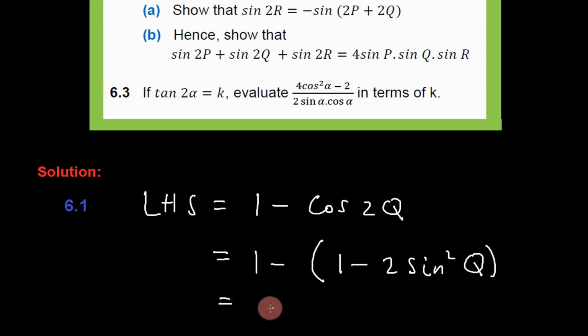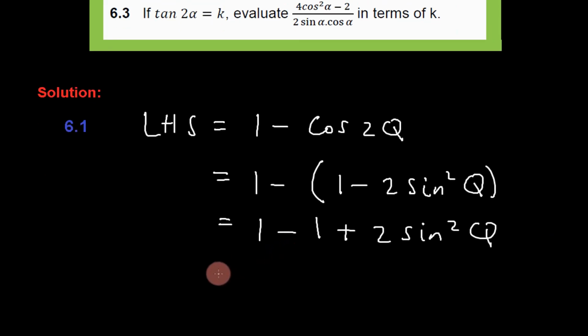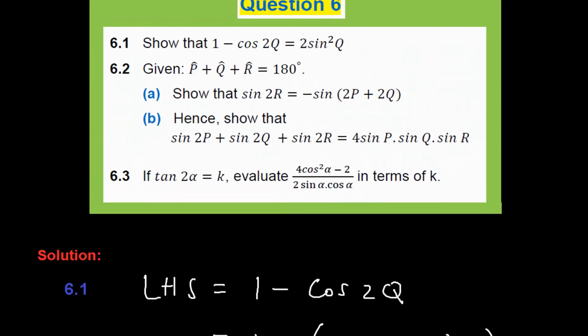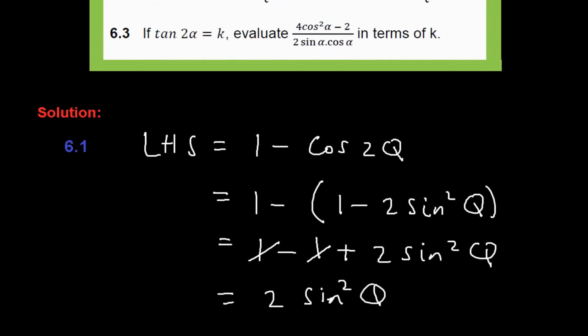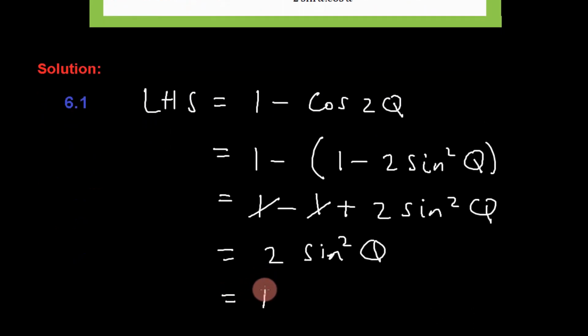Now we can multiply the negative into the brackets. And of course the ones cancel. And we're left with 2 sine squared q. And this of course is equal to the right-hand side. So we have proved the identity.